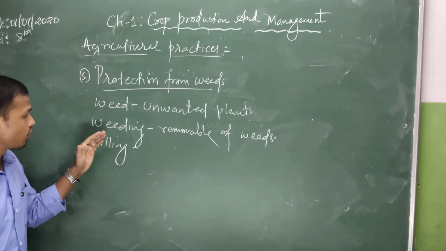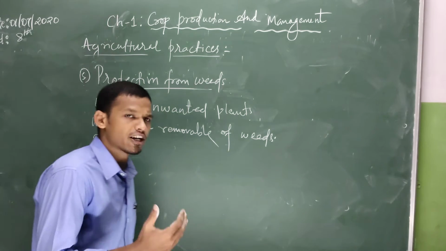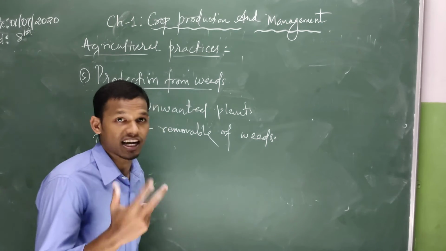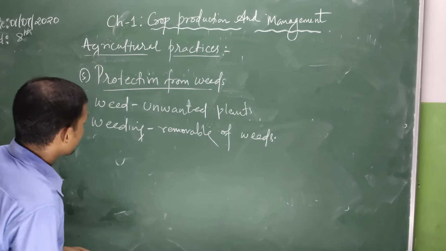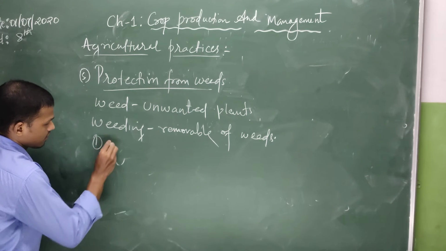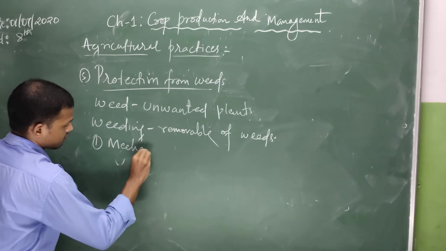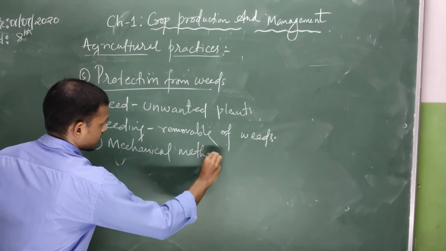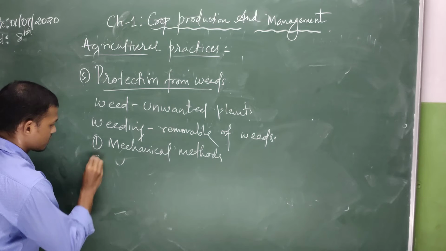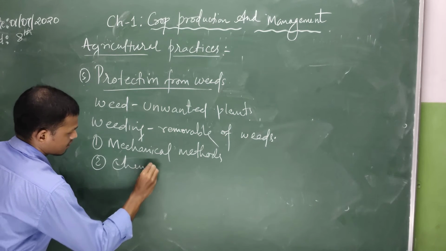The farmer adopts two methods: one is the mechanical method, and another is the chemical method.